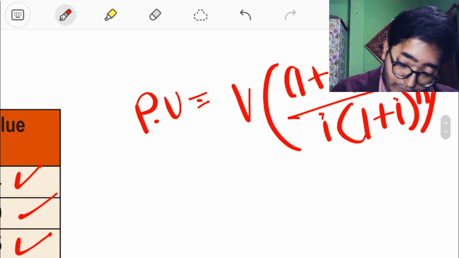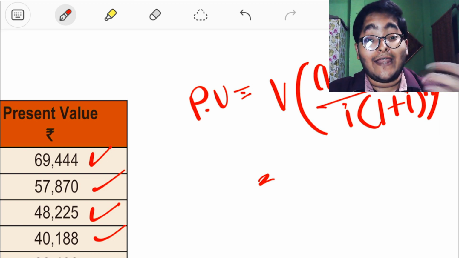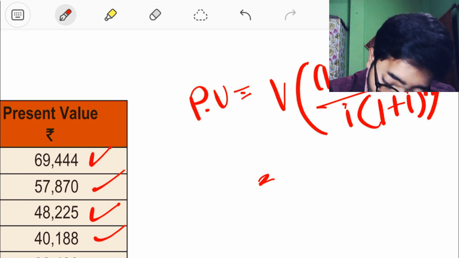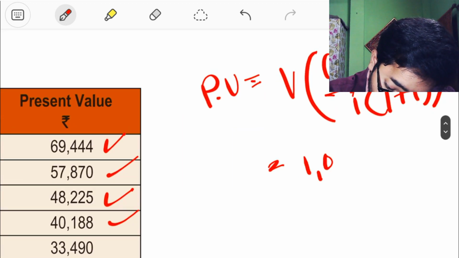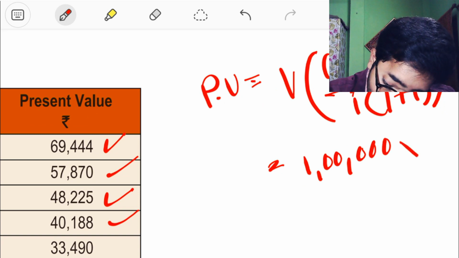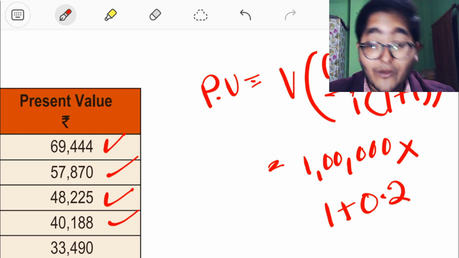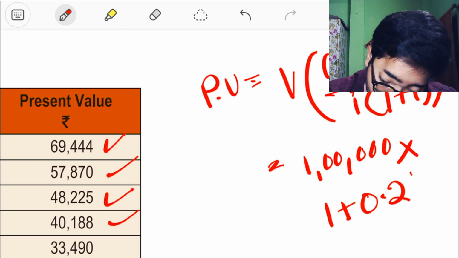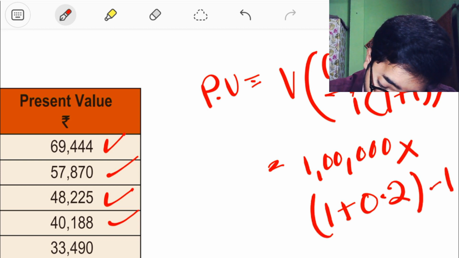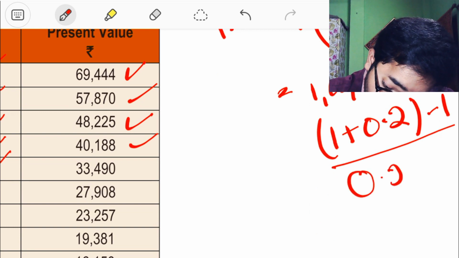This is our overall formula, where the value is 1 lakh, our regular per annum income. So 1 lakh into (1 plus 0.2) minus 1 divided by I, that means 0.2 into (1 plus 0.2). Why 0.2? 20 divided by 100 equals 0.2.